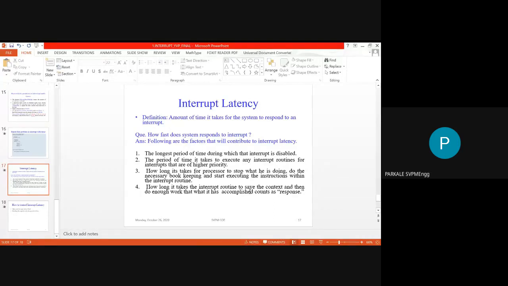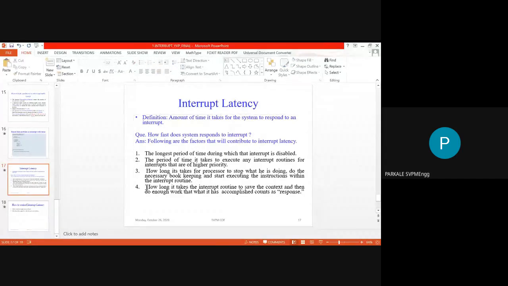This is the first bookkeeping done by your microprocessor, called saving the context. We have to save the contents of all the registers onto the stack memory, otherwise we will lose the contents of those registers whenever we do some calculation in the ISR. So this is one kind of bookkeeping. I hope you have understood this.